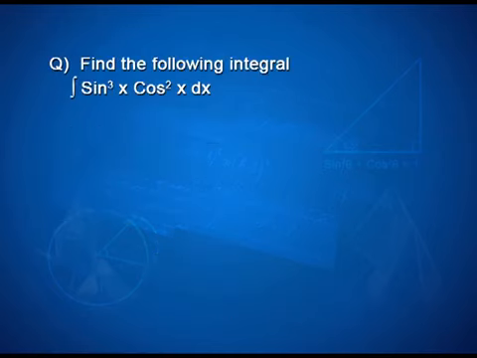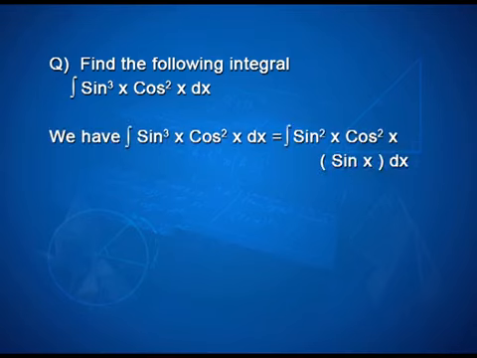Another example: find the following integral, integral sin cube x into cos square x dx. We have integral of sin cube x into cos square x dx, which we can write as integral of sin square x into cos square x into sin x dx.